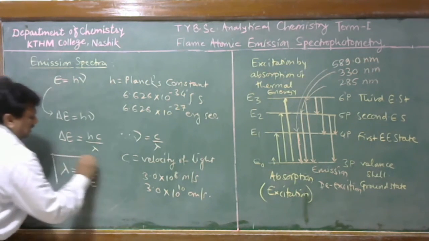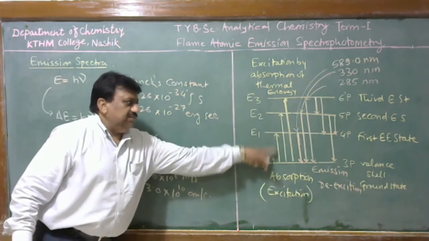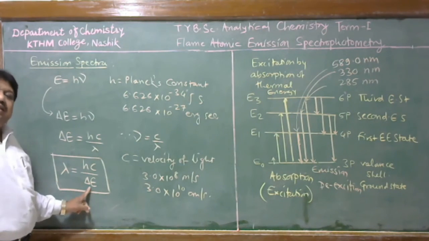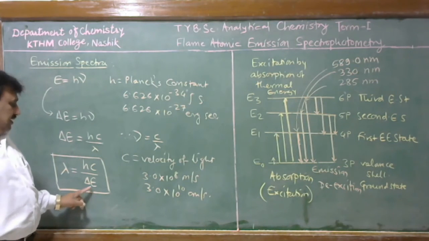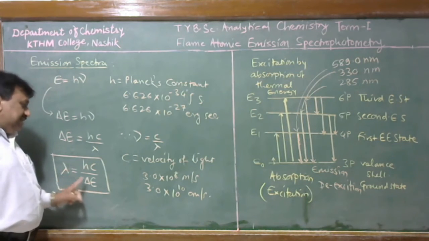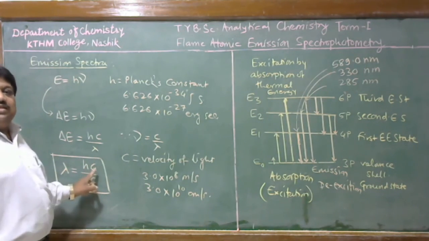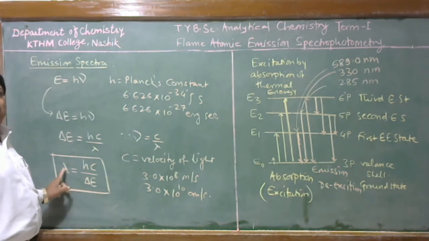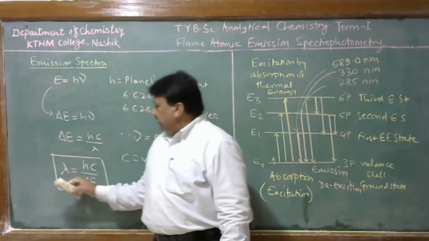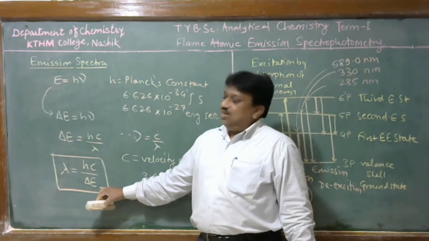Therefore, from this emission spectra, it is clear that the wavelength of emission, that is lambda, totally depends upon the energy gap between the two levels, that is the excited state level and the ground state level. In this case, lambda is inversely proportional to delta E. Here h is constant, c is constant. Therefore, the emission wavelength is directly related to the energy difference between the excited state and ground state level.